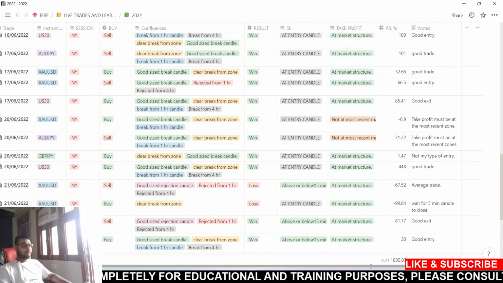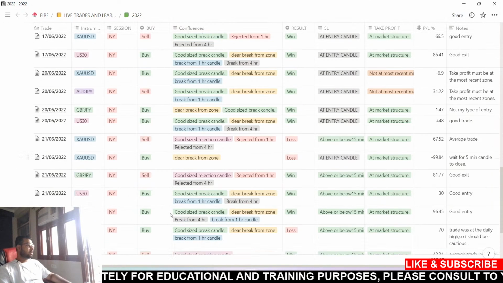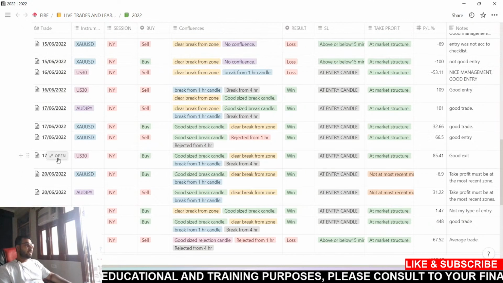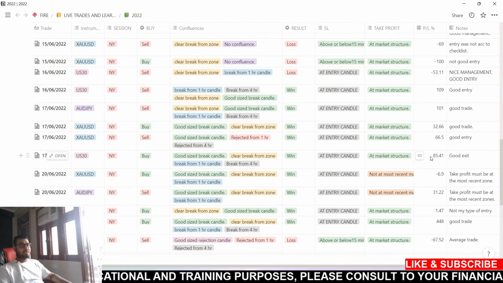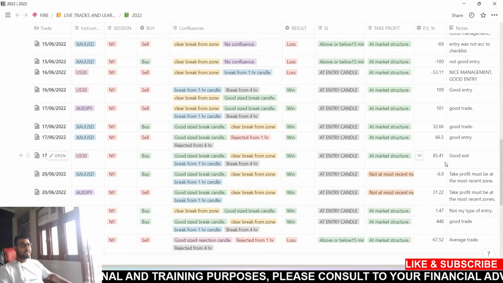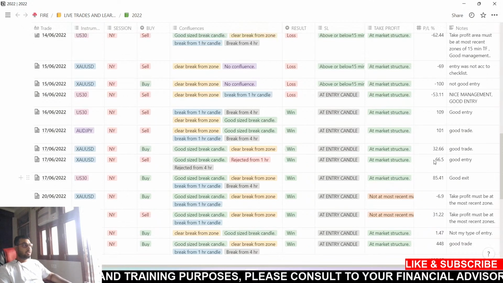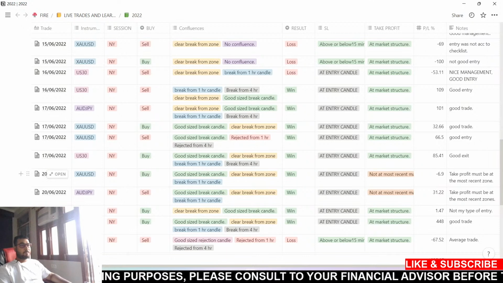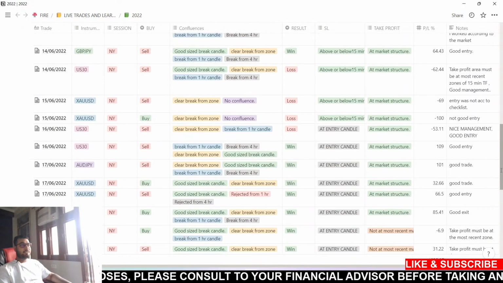So let's just look at where they are. Right? Yeah, so on 17th of June, the previous week closed. If you look previously, I had some losses around this area.